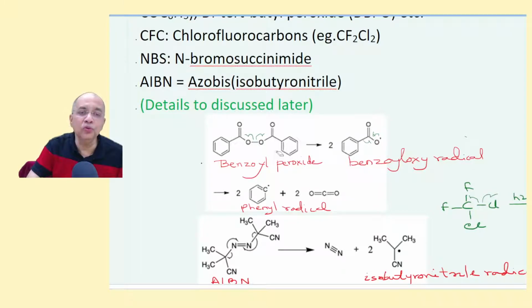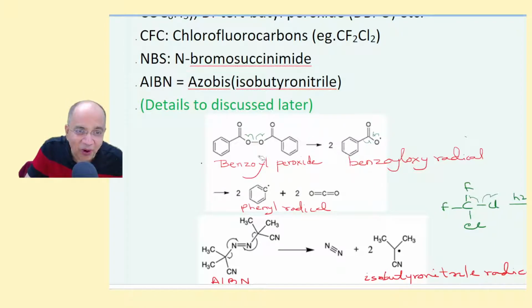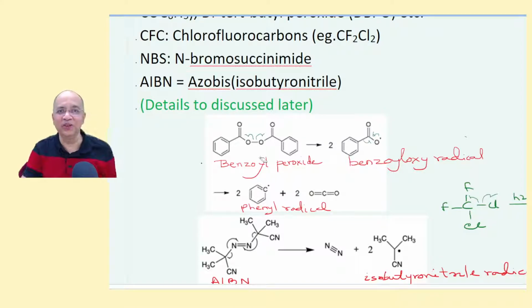I have shown you, when you take the help of another foreign initiator to produce primary free radicals like benzoyl peroxide, this peroxy bond, this middle bond, will undergo homolytic cleavage to produce two, this is called benzoyloxy free radical. And also after some time, there will be loss of carbon dioxide.